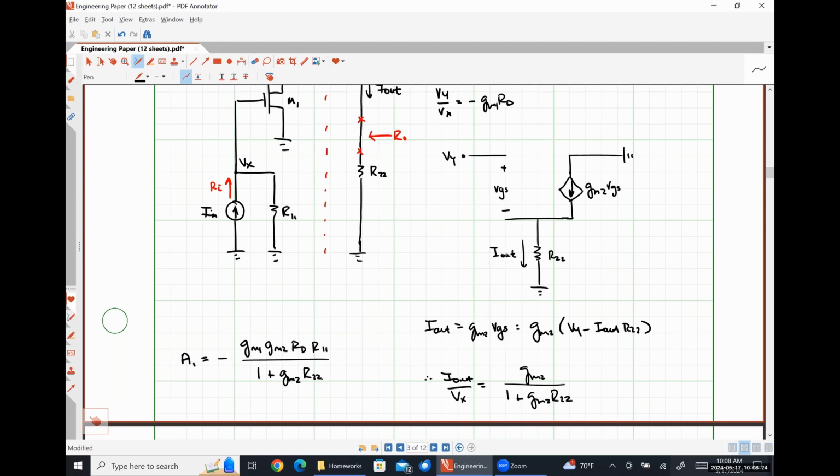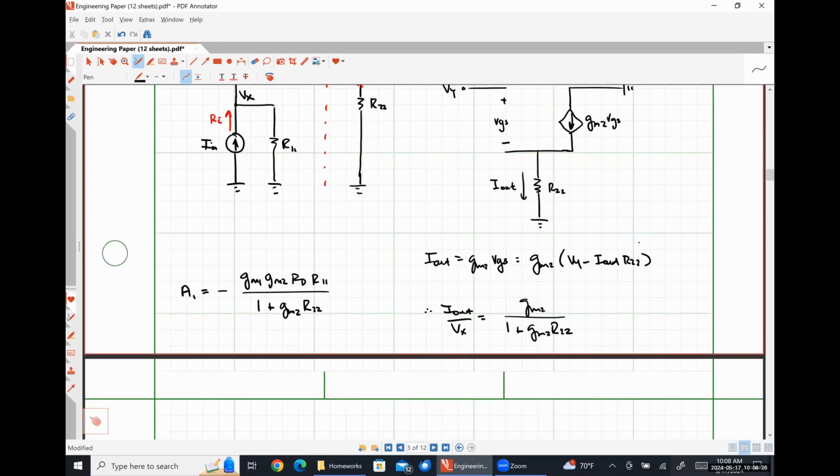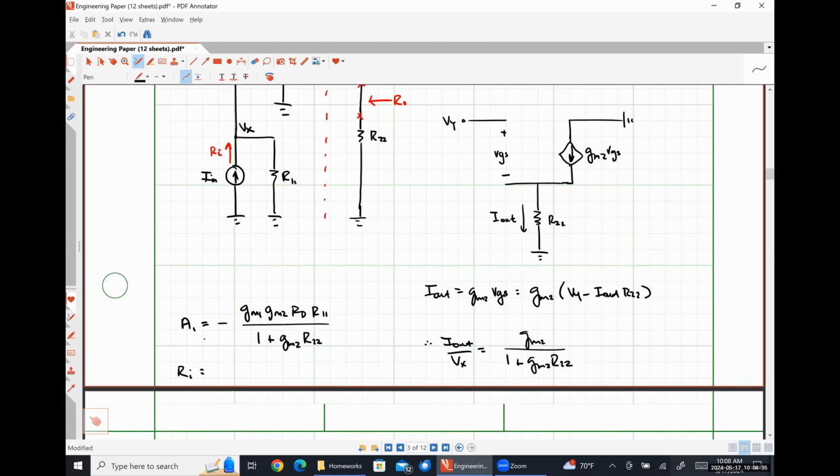What is our input resistance? Ri is going to be? R11, because it's looking up. Yep.